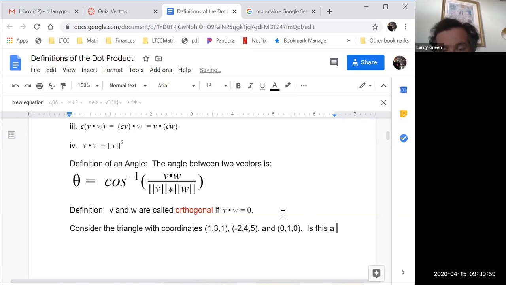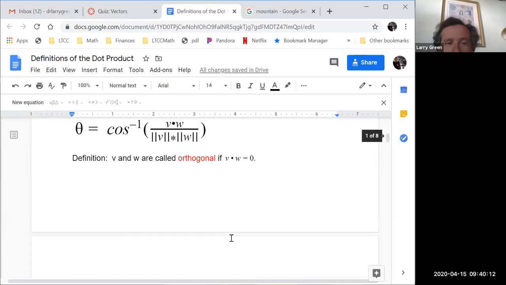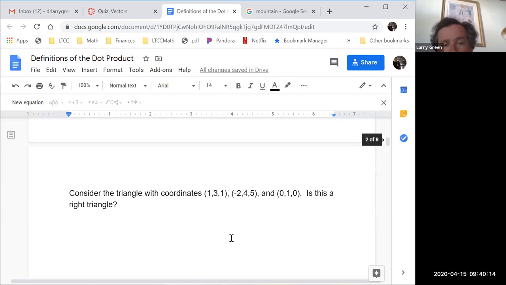Is this a right triangle? How do you decide if this is a right triangle using our definition of orthogonal?